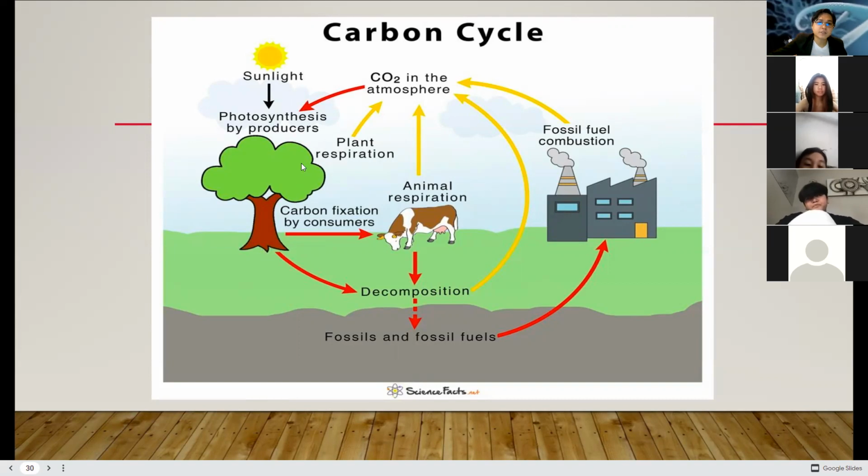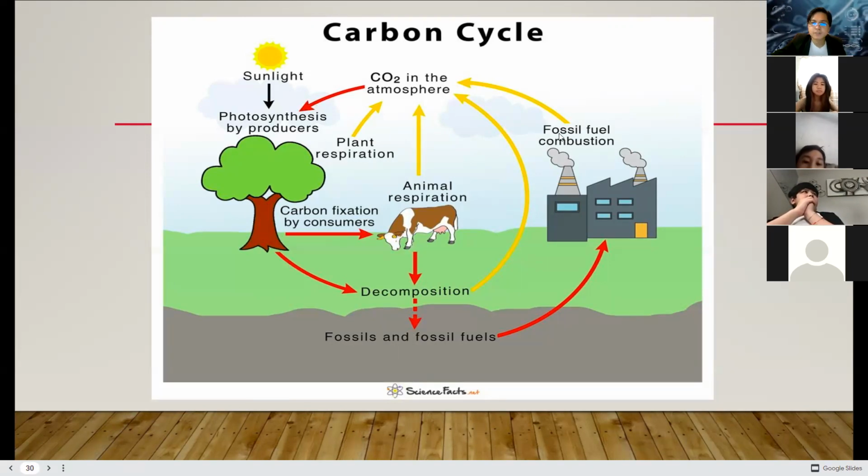And of course, after creating sugar or glucose from the carbon dioxide used by plants in the light-independent reaction of photosynthesis, it will be consumed by what? By animals. And then decomposition, and the cycle repeats again and again.